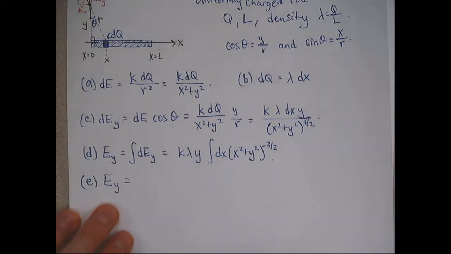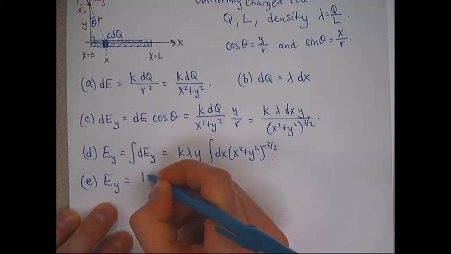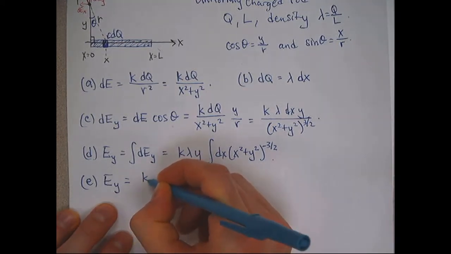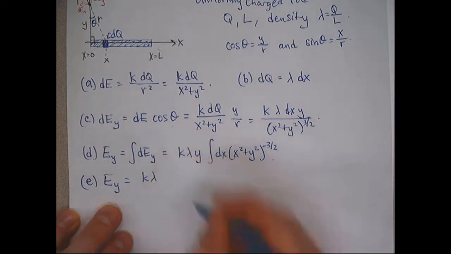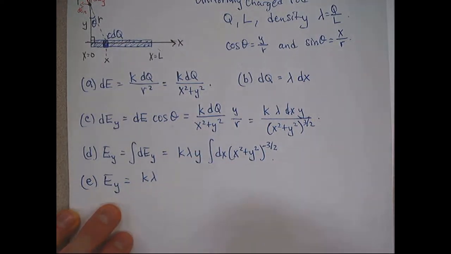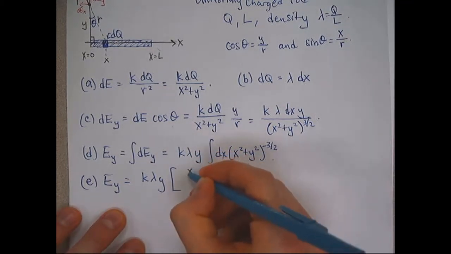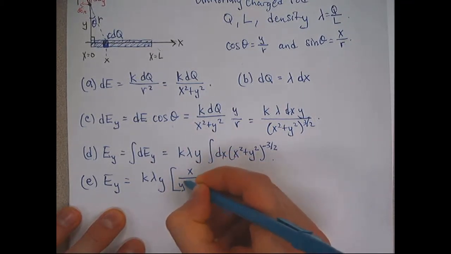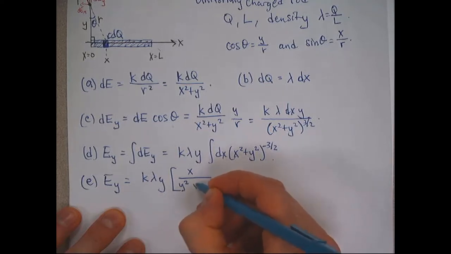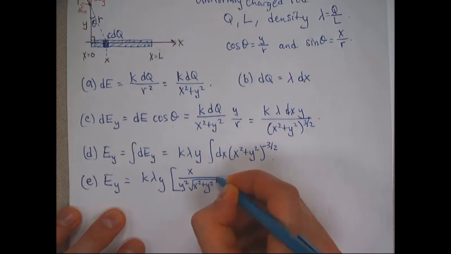Performing that integration leaves us with k lambda y times x over y squared times the square root of x squared plus y squared.